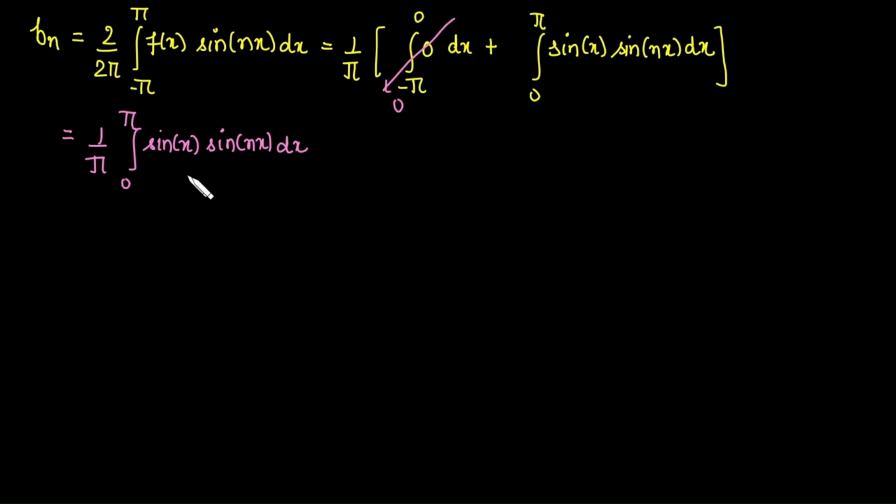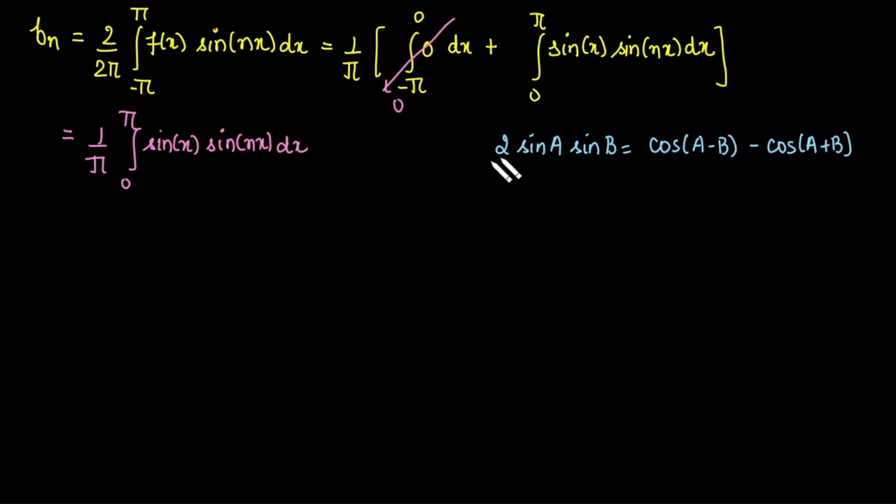In such cases, we use the trigonometric formulas. In this case, we are using the form 2 sine A sine B is equal to cos of A minus B minus cos of A plus B.